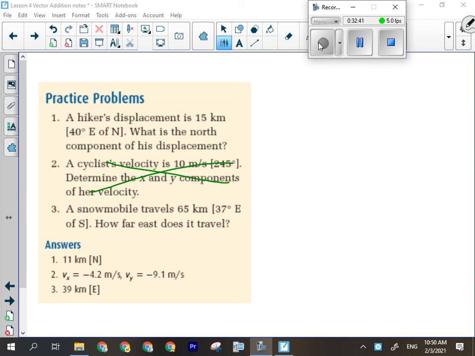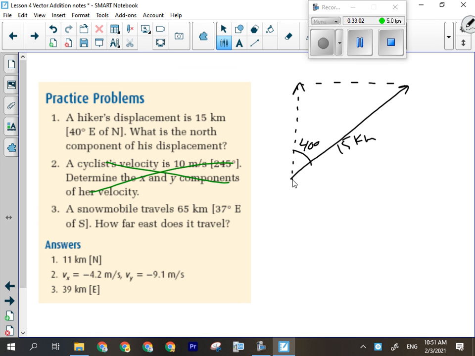So the first thing I do is I draw a dotted line straight north to act as my reference, and then I go 40 degrees east of that. Now I have a 15-kilometer long vector that's 40 degrees east of north.